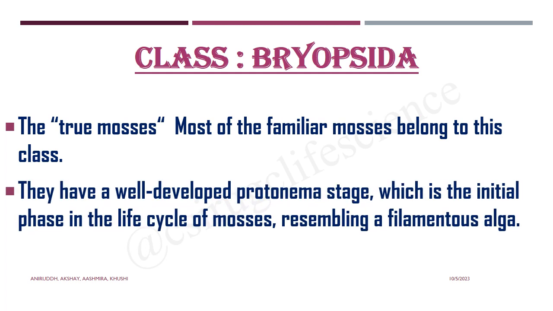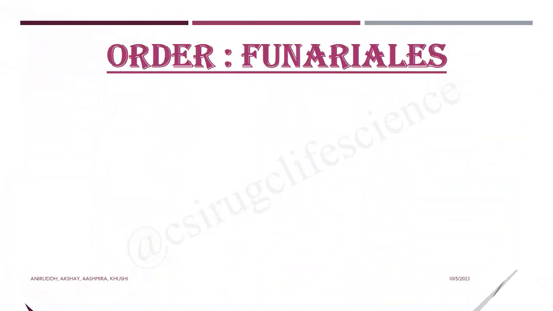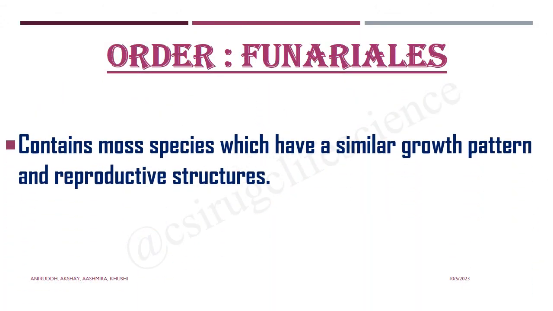They have a well-developed protonema stage, which is the initial phase in the life cycle of mosses, resembling a filamentous alga. Order is Funariales. It contains moss species which have a similar growth pattern and reproductive structures.